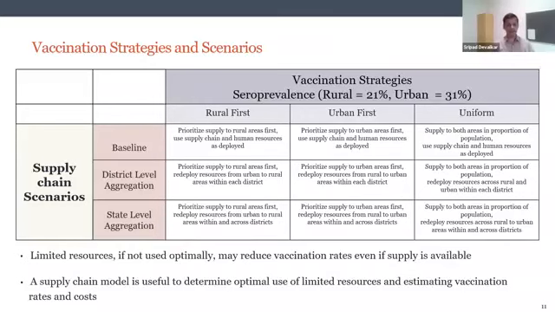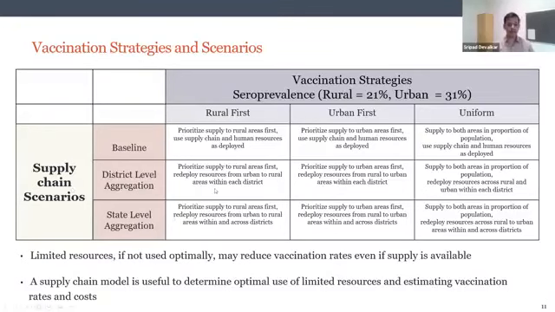to vaccinate rural populations first. It's possible that the capacity in rural areas is much lower than even the available supply, in which case some of that supply could also be used to vaccinate urban populations in parallel, even though you're prioritizing rural areas.